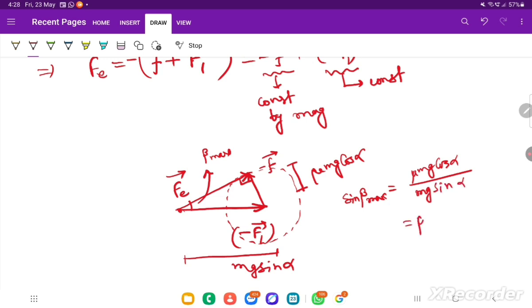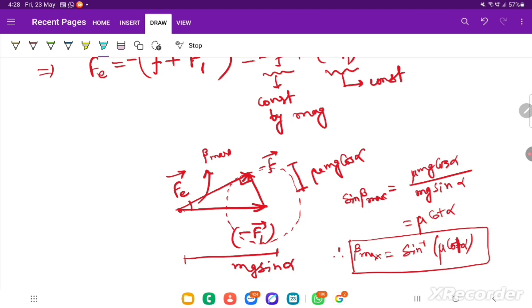So we'll get mu cot alpha. So beta max will be sin inverse of mu cot alpha. So this is our answer for this question.